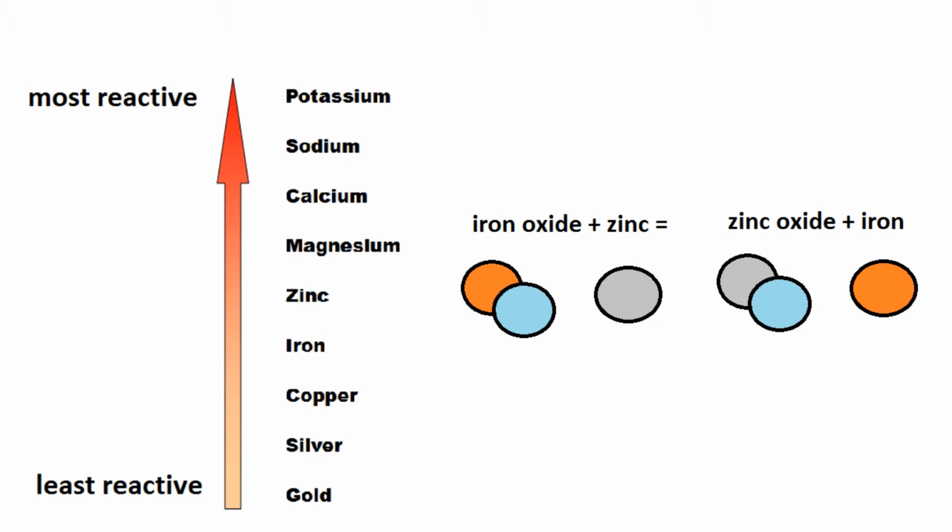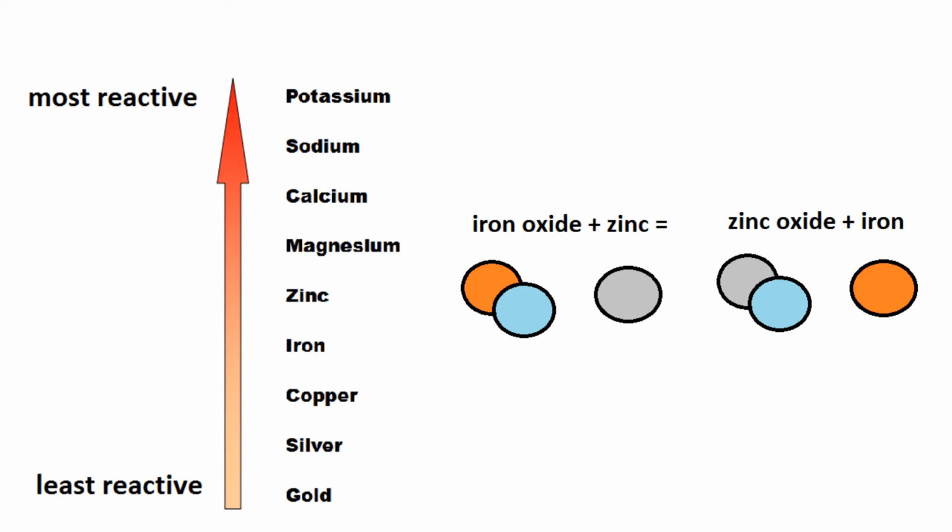Now we've looked at that word before, okay? It will cause iron to move from one place to another. In this example, that other place is all on its own. So zinc has displaced the iron atom. It's swapped places with it, hasn't it? So I end up with a new chemical. I end up with zinc oxide and iron all on its own.